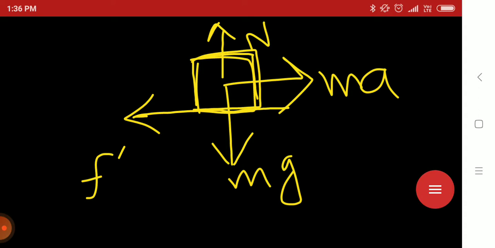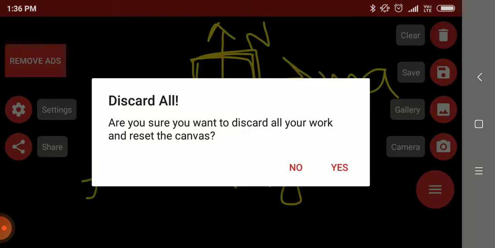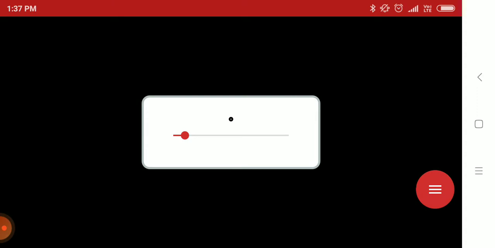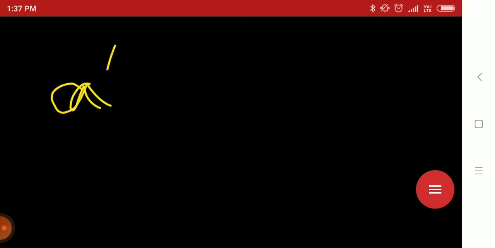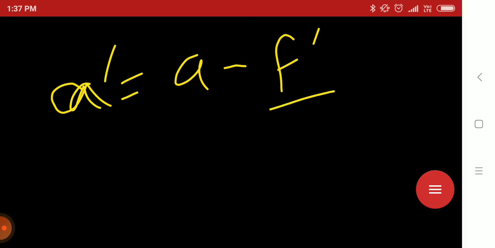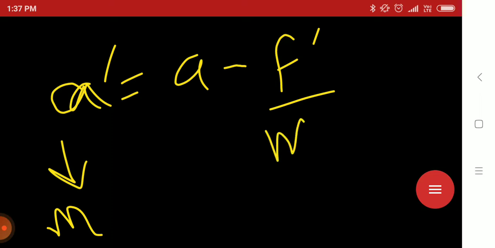So here what will be the acceleration of the small m mass in the frame of capital M mass? In the frame of capital M mass, let the acceleration of small m mass be A prime. A is the acceleration of capital M mass, and in the frame of capital M mass, the acceleration of small m mass will be A minus F prime by m. And what we have got A?